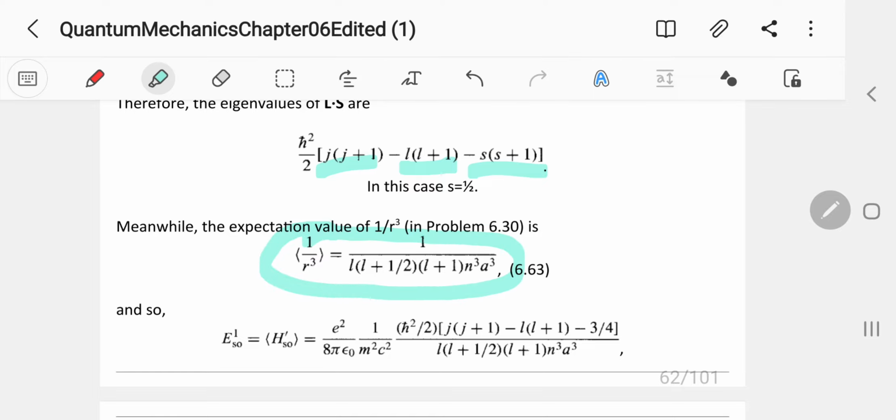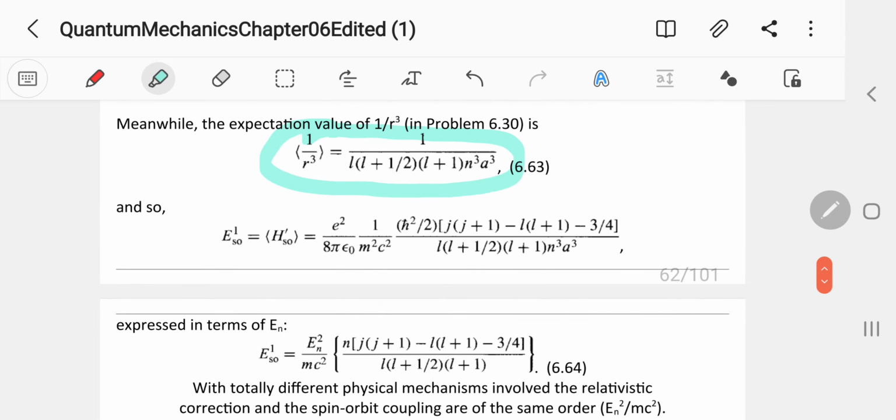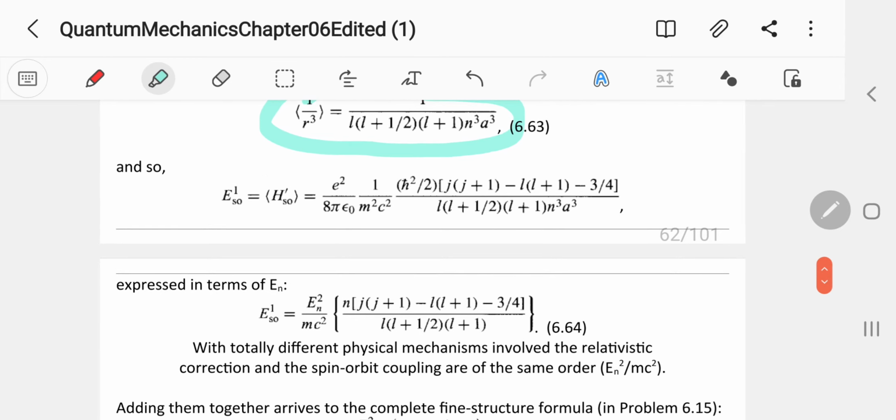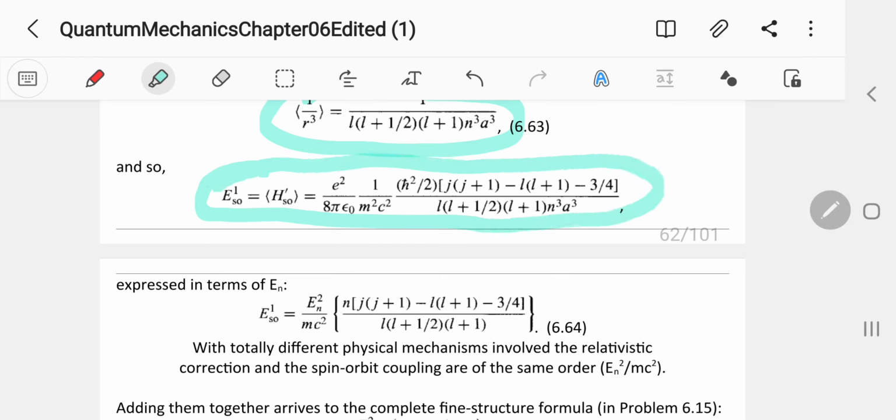And then of course our ESO1, the expectation of HSO prime, is given by this. So if we express this in terms of En, we will have this one here.